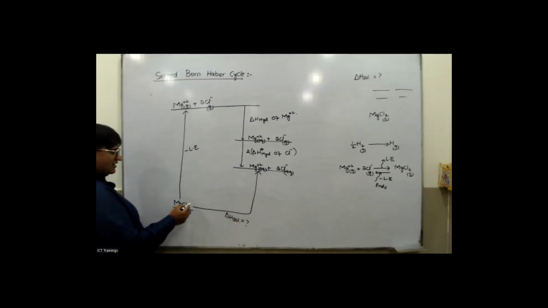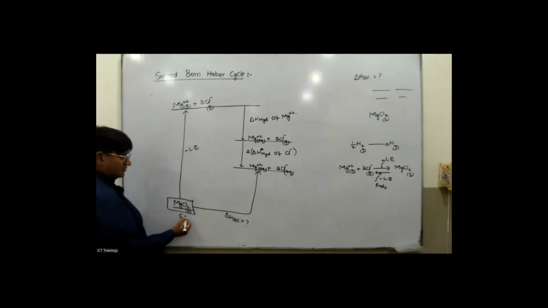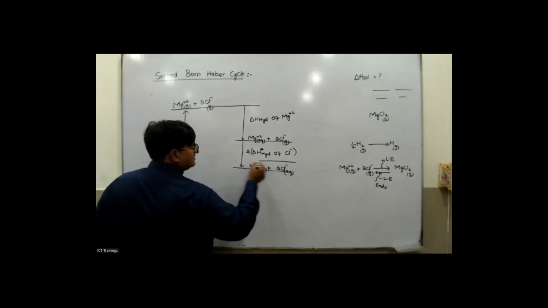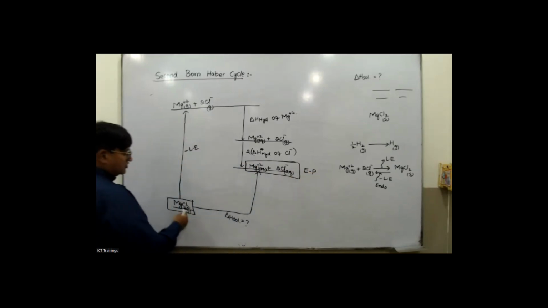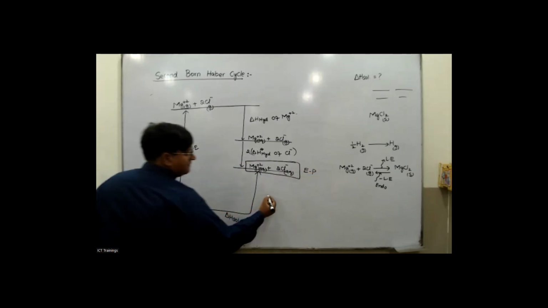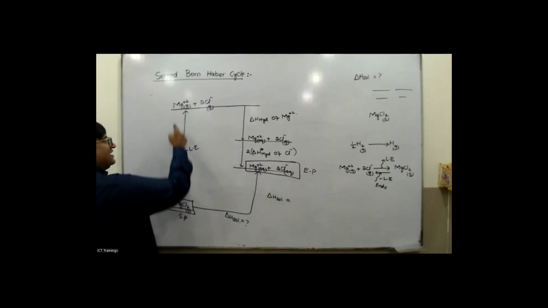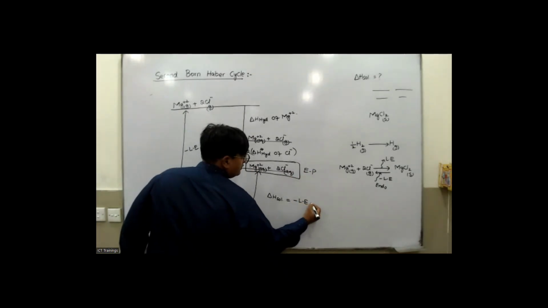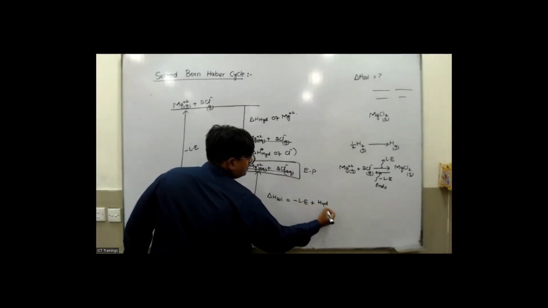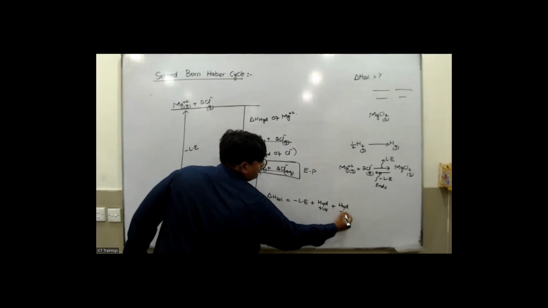Now your cycle is going to start from where you have the tail. This is the starting point, and your end point is this one. From start to end, you have delta H of solution, which is equal to the second route: reverse of lattice energy plus hydration of positive ion plus hydration of negative ion.